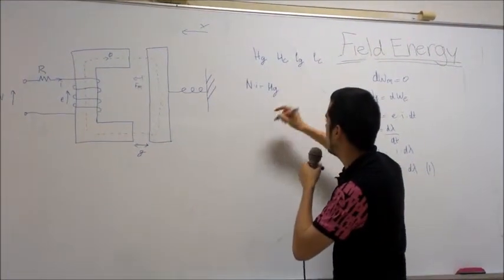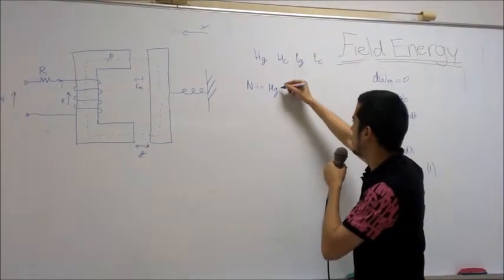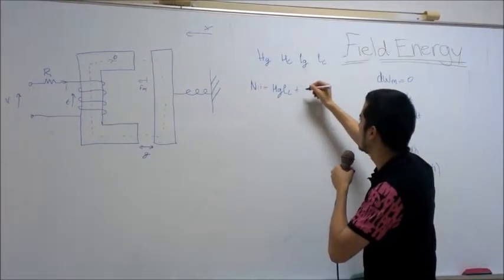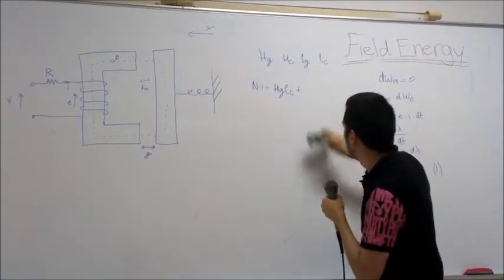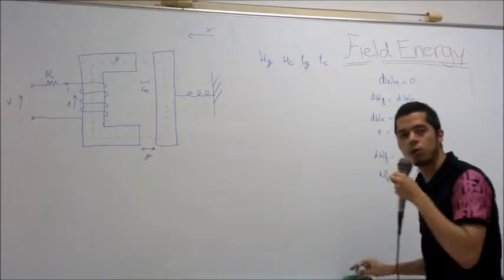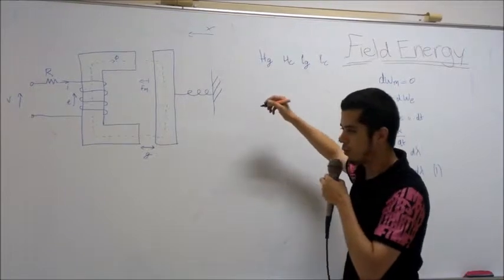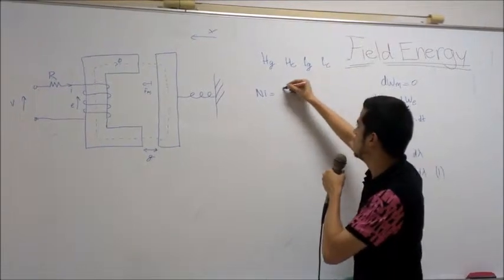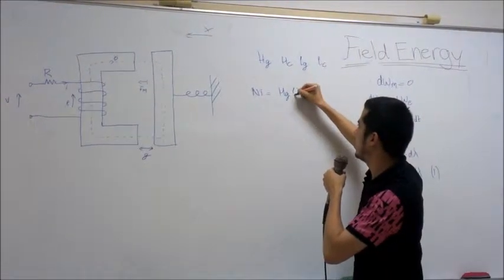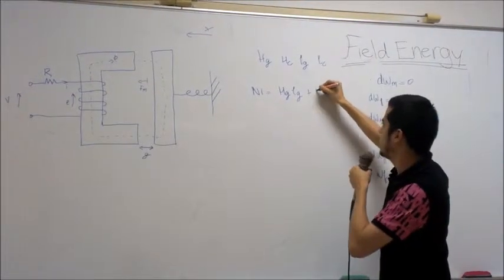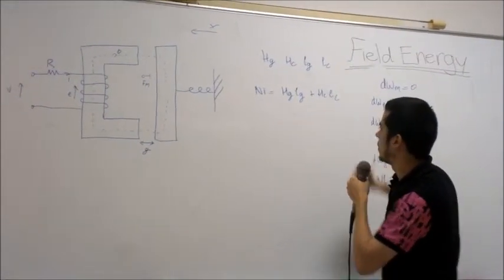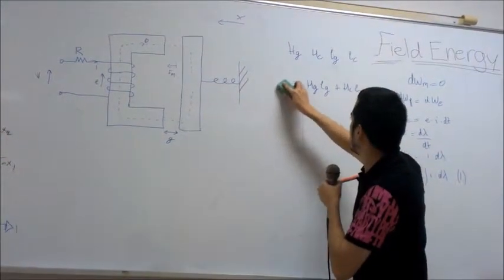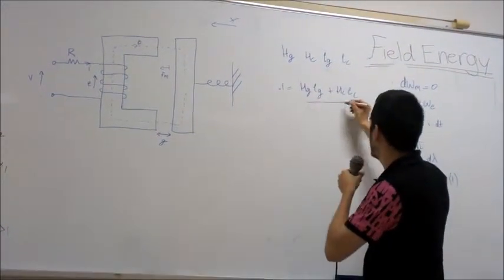So we have that the number of turns times the current is equal to Hg times Lg plus Hc times Lc. And so the current is just this term over here divided by n.